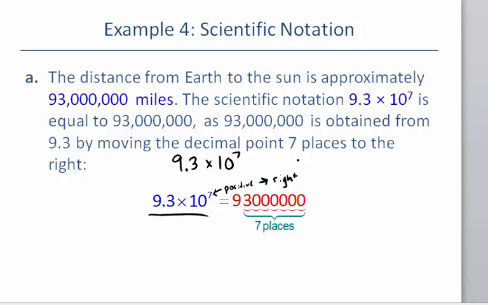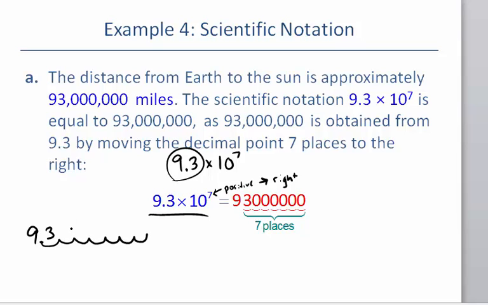So here's what's going to happen. If I write down the 9.3, then I want to move that decimal place 7 places to the right. So I'm going to move it over: that's 1 place, 2, 3, 4, 5, 6, 7.